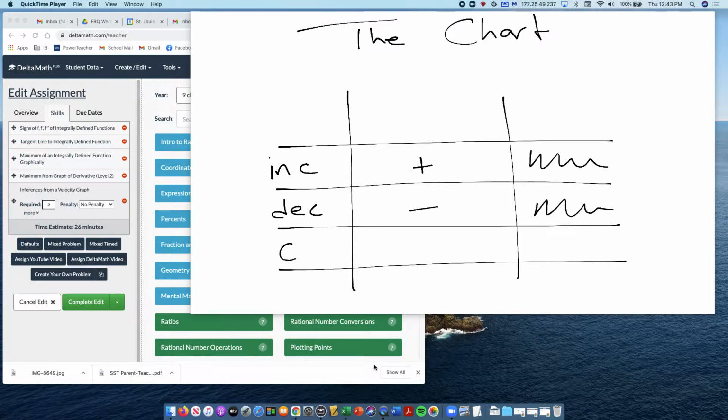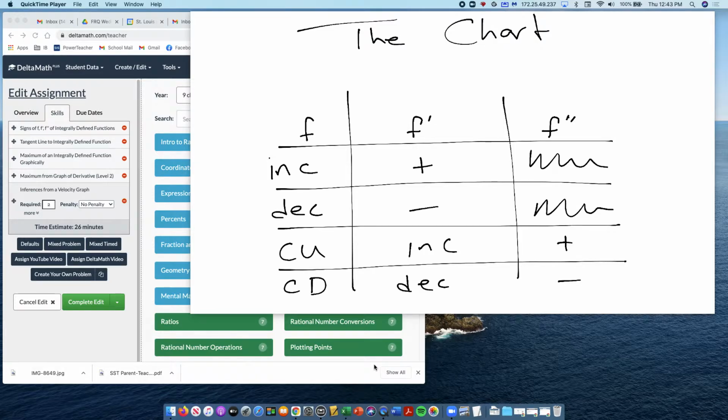If this is concave up, this is increasing, and this is positive. If this is concave down, this is decreasing, and this is negative. I know that generically we have put f prime and f double prime. But that's not always the way it's going to work out.